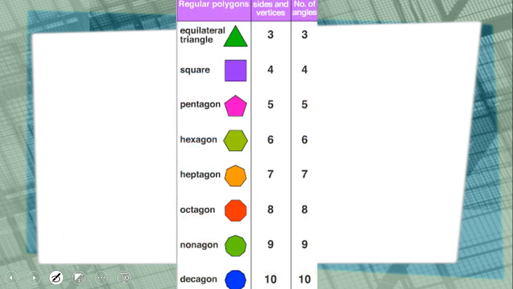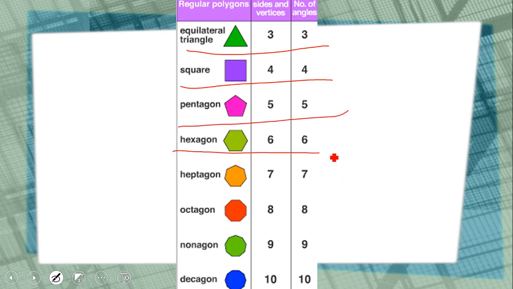So just in case you were still a little bit confused, okay? So remember, triangles have 3 sides, squares 4, pentagons 5, hexagon 6, heptagon 7, octagon 8, nonagon 9, and decagon 10, all right? You might need to know more than an octagon, but I doubt it.